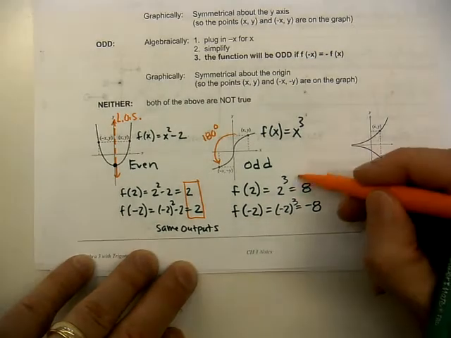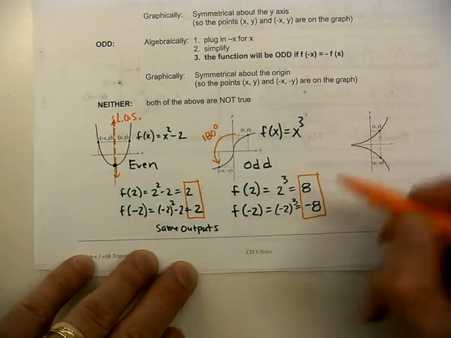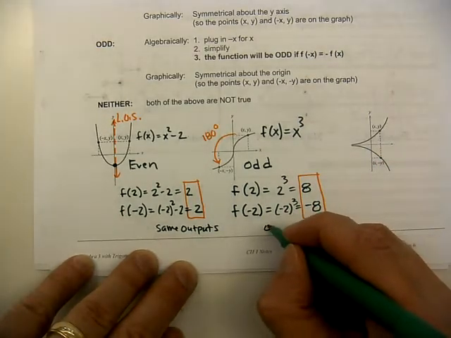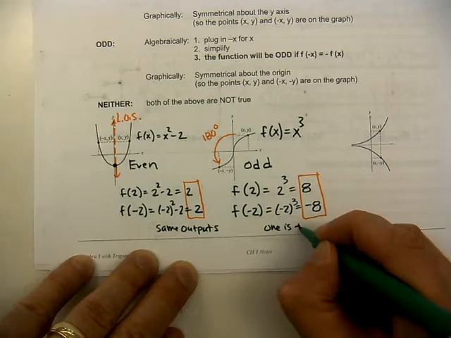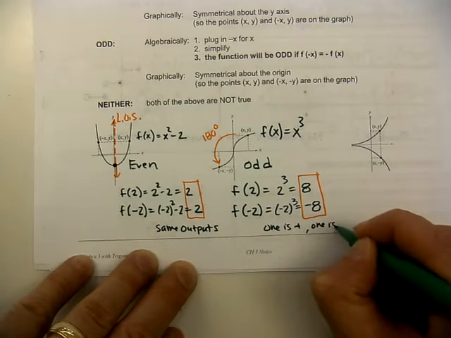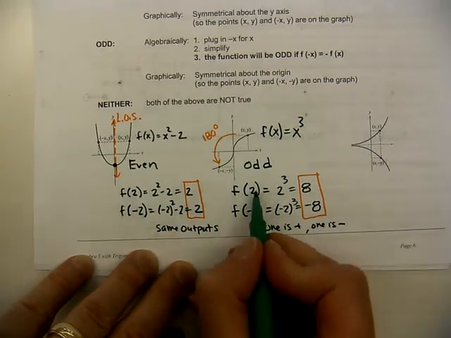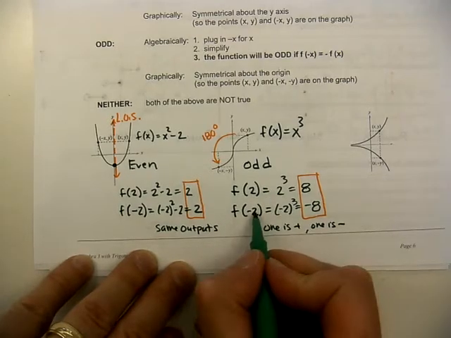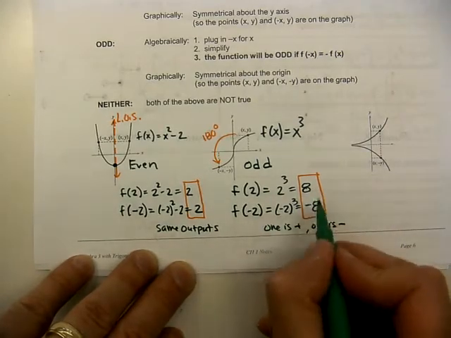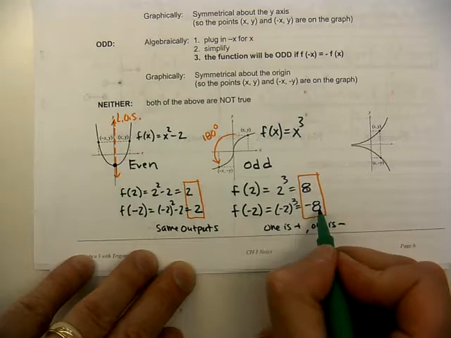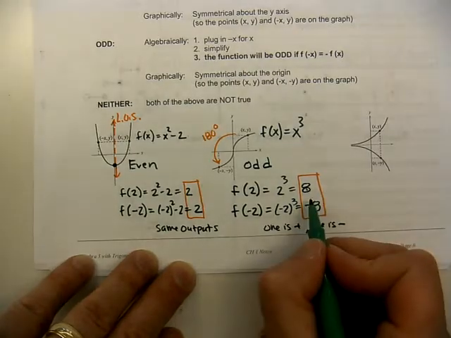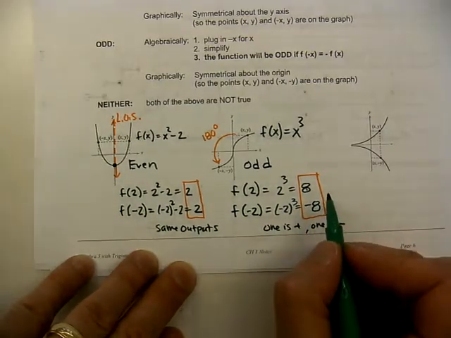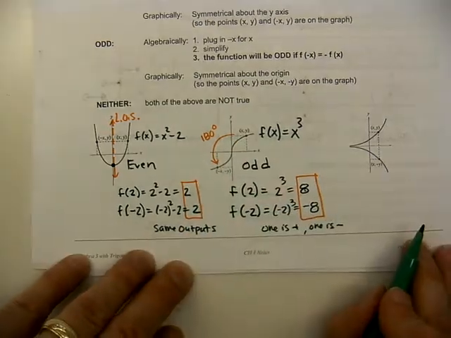So notice that they are not the same. They differ by a sign. So one is positive, one is negative. So when you have a positive input and a negative input, and you're getting the same value but they differ by a sign, that's what we're looking for algebraically when we have rotational symmetry.